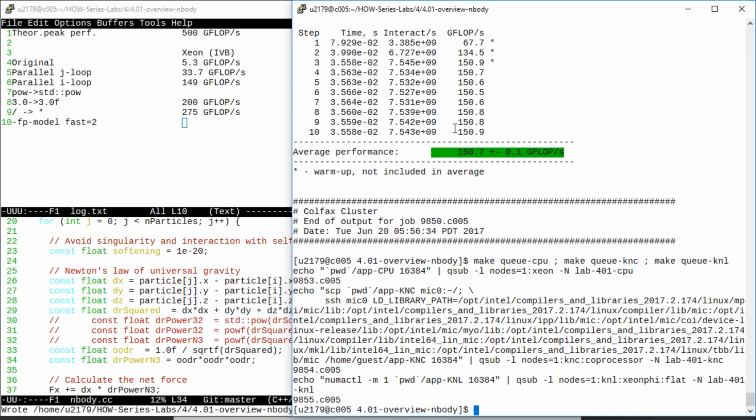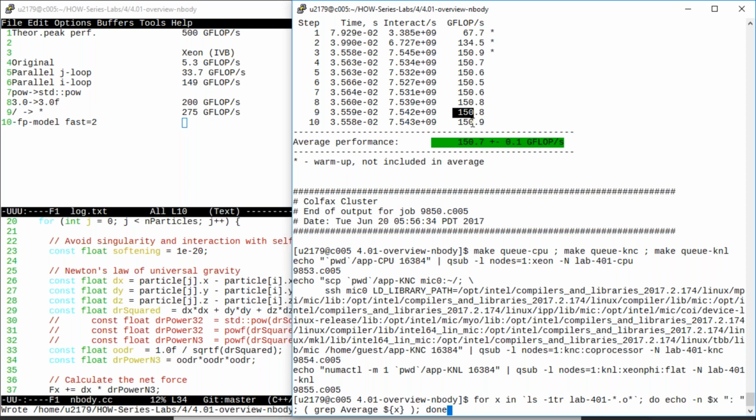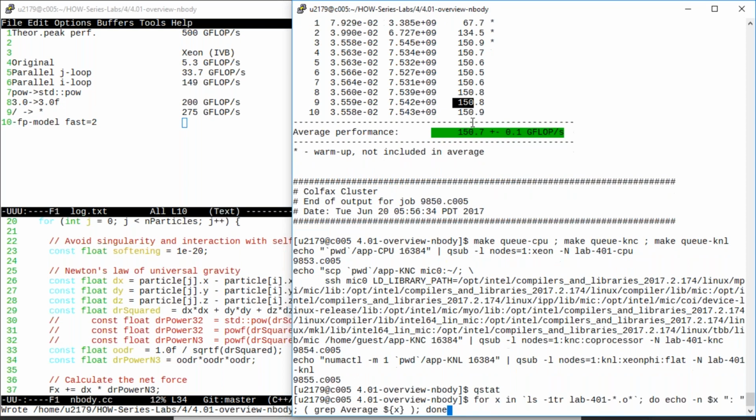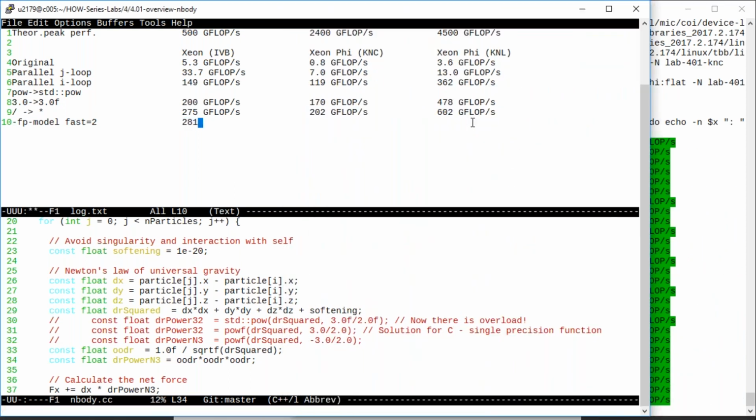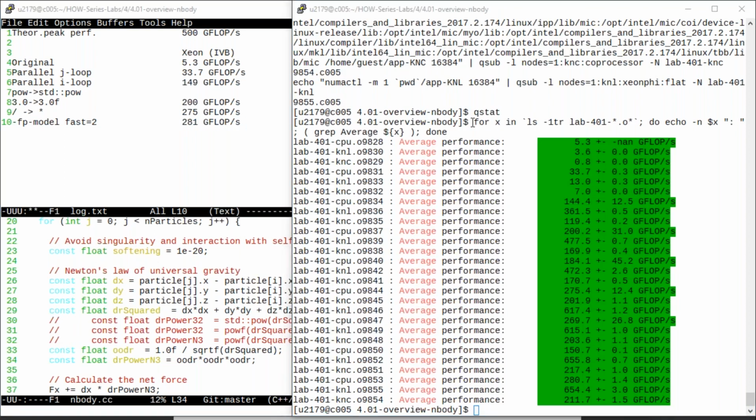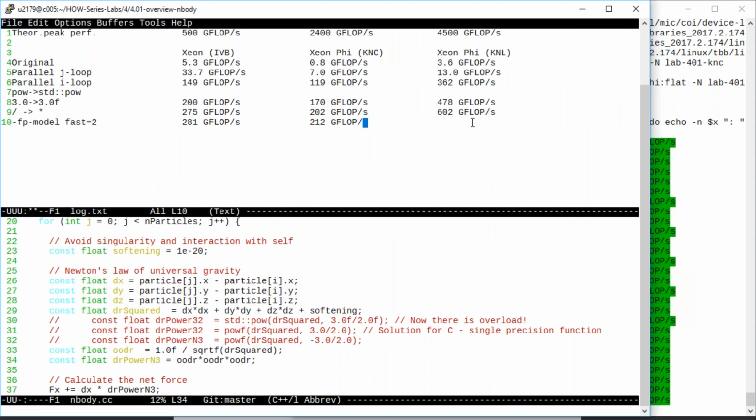I think it was a one-time fluctuation, and the most common performance is actually higher. Yes, that's better. Okay, so we are getting to 81 gigaflops per second. On KNC, 212 gigaflops per second. And on KNL, 654.